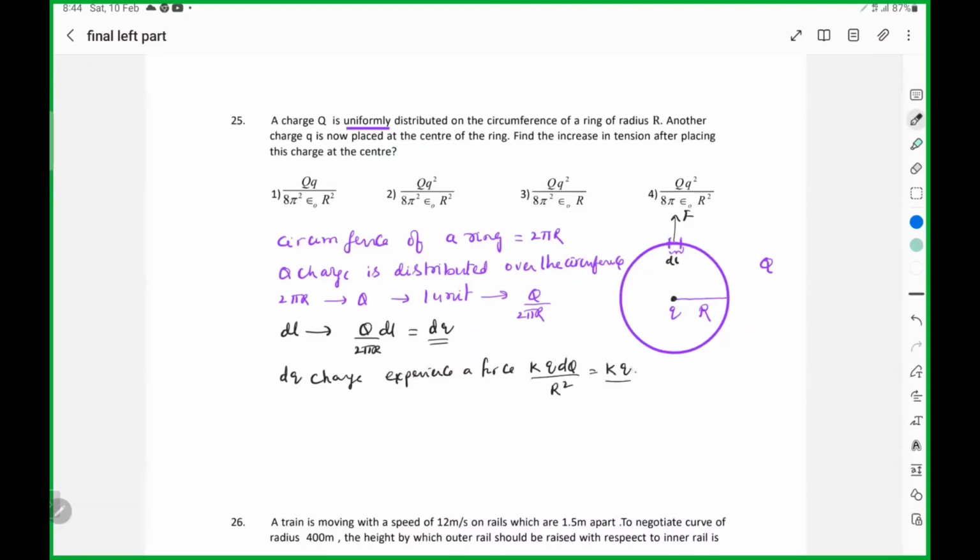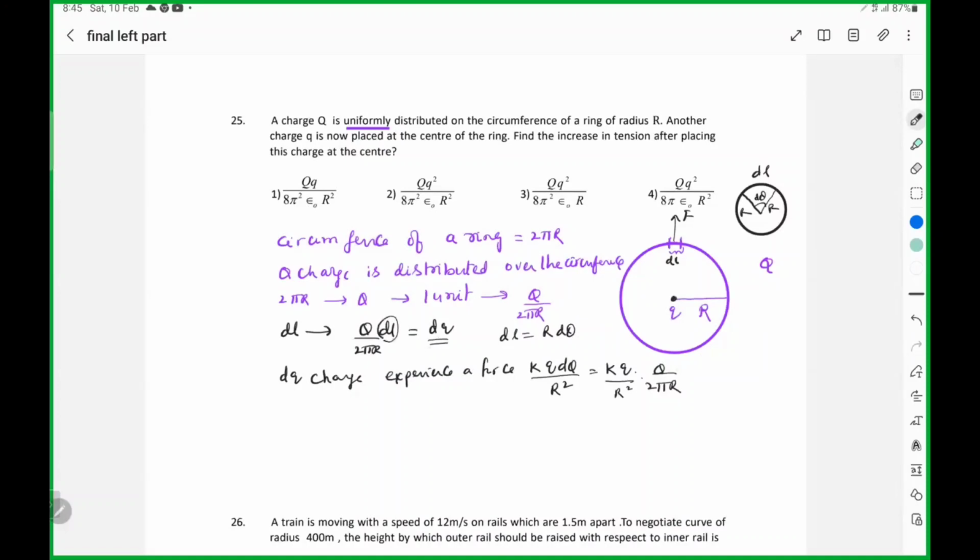That is k Q by r square. dq here is Q by 2 pi r times dl, and if you take this as the length of the arc, dl is r d theta.